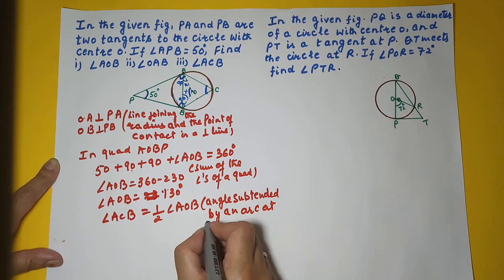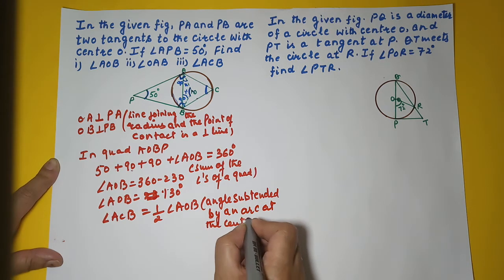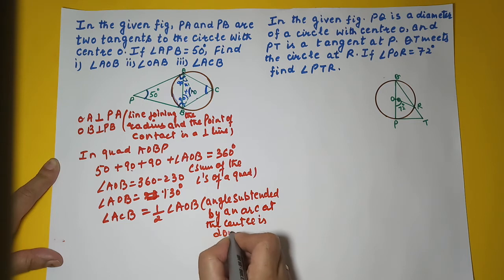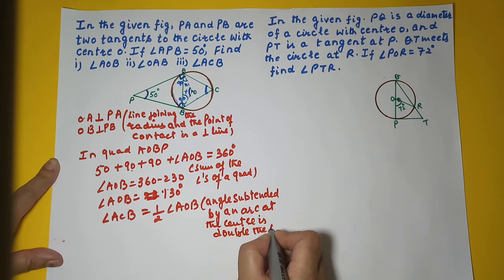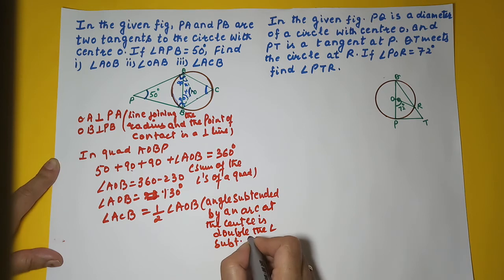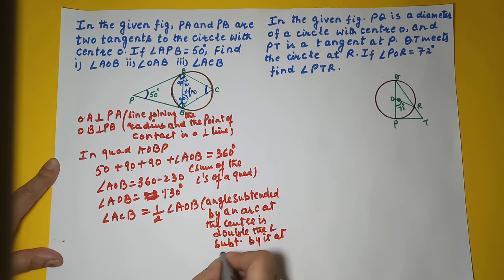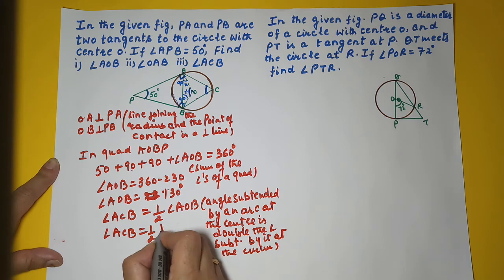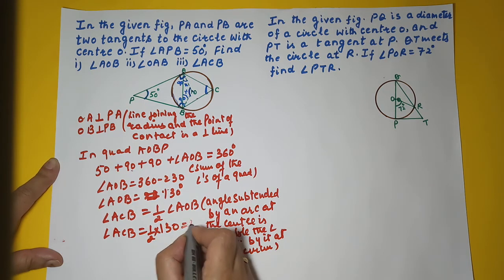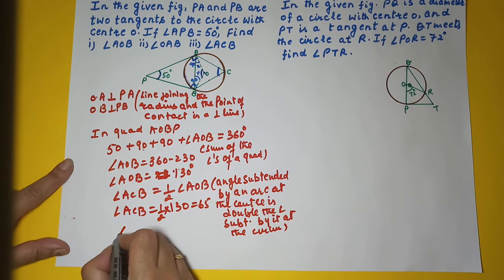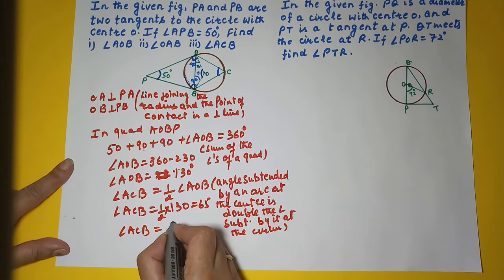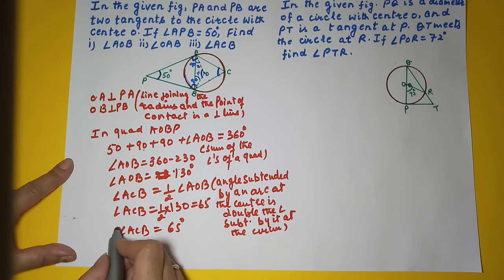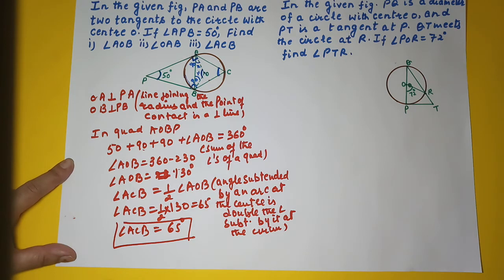At the center is double the angle subtended by it at the circumference. So angle ACB will be half of 130, which is 65. So you got your angle ACB as 65 degrees, right? We got ACB. We have also got AOB.